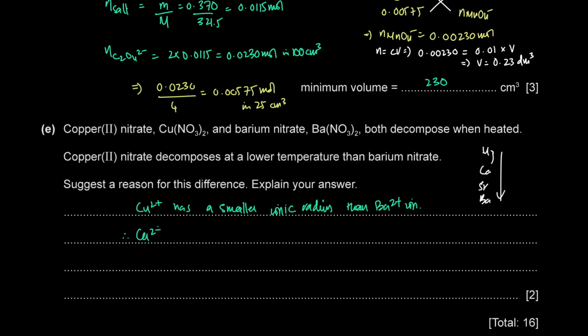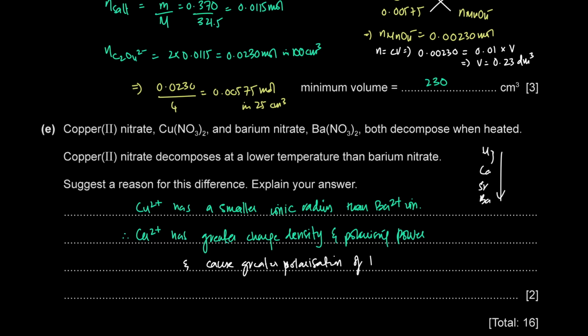Therefore, we can say that the copper 2 plus ion has a greater charge density, because it has the same charge but smaller size, so greater charge density and polarizing power, and this causes greater polarization of the nitrate ion.